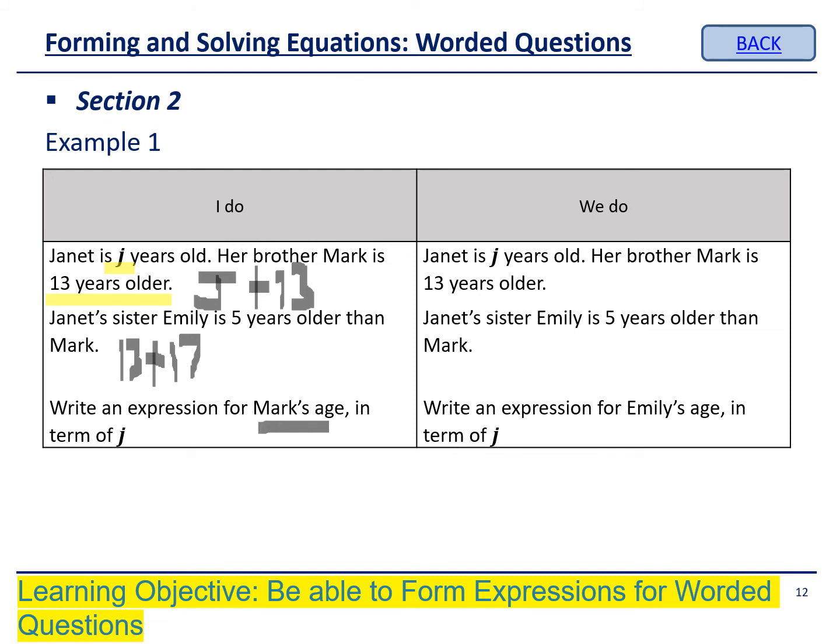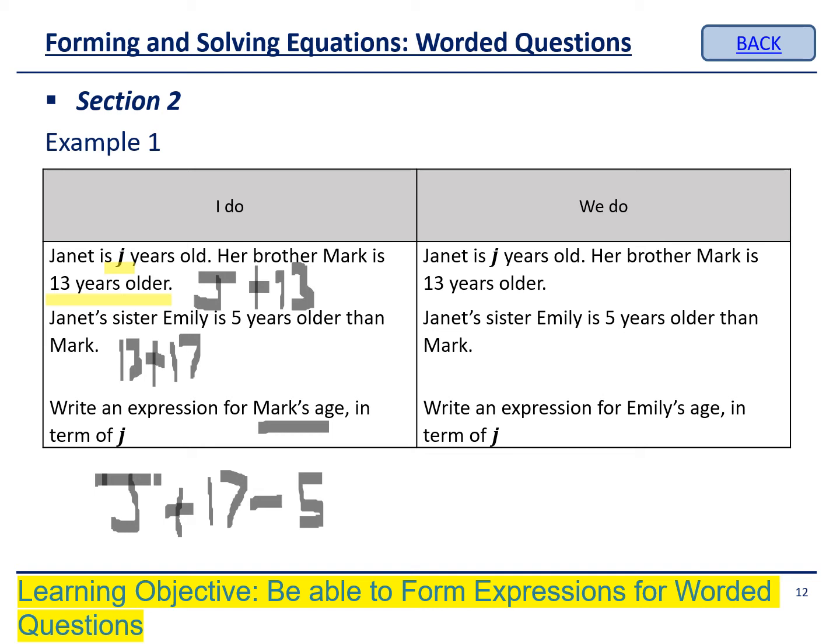So Mark's age. Well, we need to write an expression. So J plus 17 is how many years Emily is older than Janet. So then we need to take that 5 off that to equal Mark's age in terms of J, to Janet.